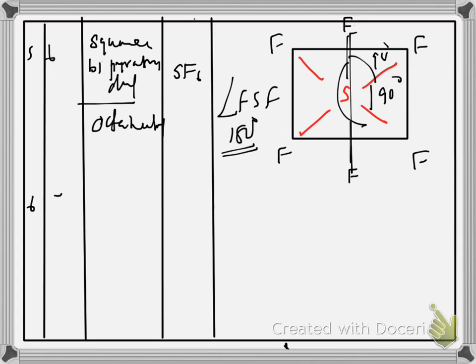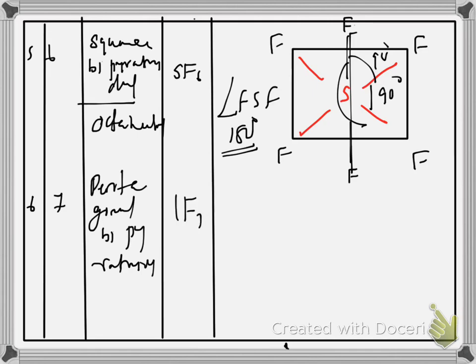Then the next one is 7. In 7 we have the shape pentagonal bipyramidal. IF7: 1 pentagon and 2 pyramids. First of all, you have to draw a pentagon. Iodine at the center.